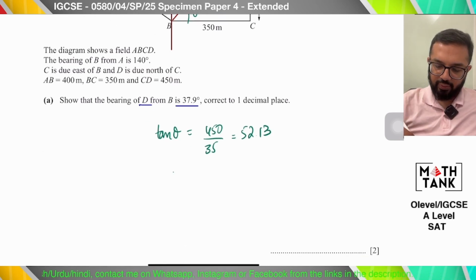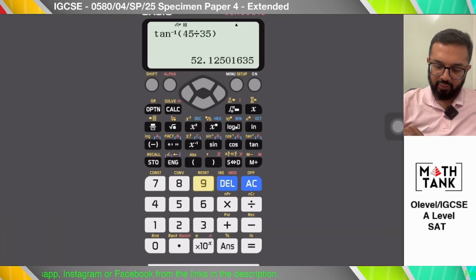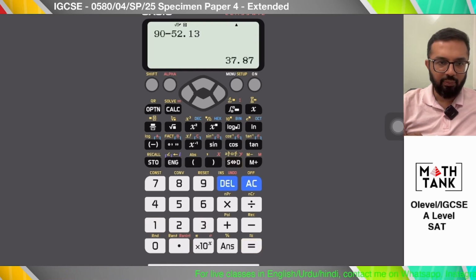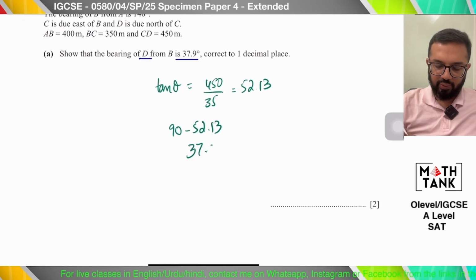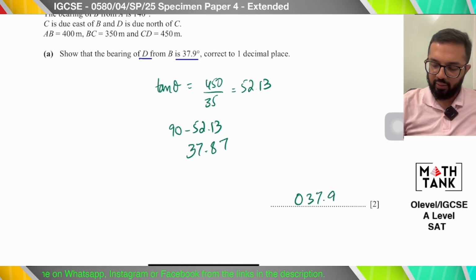Okay, so 90 minus 52.13. I am getting 37.87, which is 037.9 degrees. Okay.